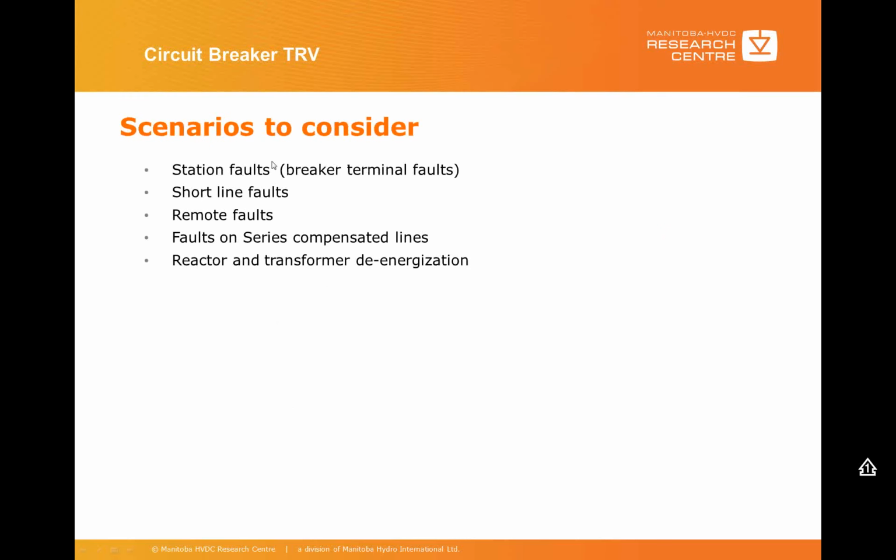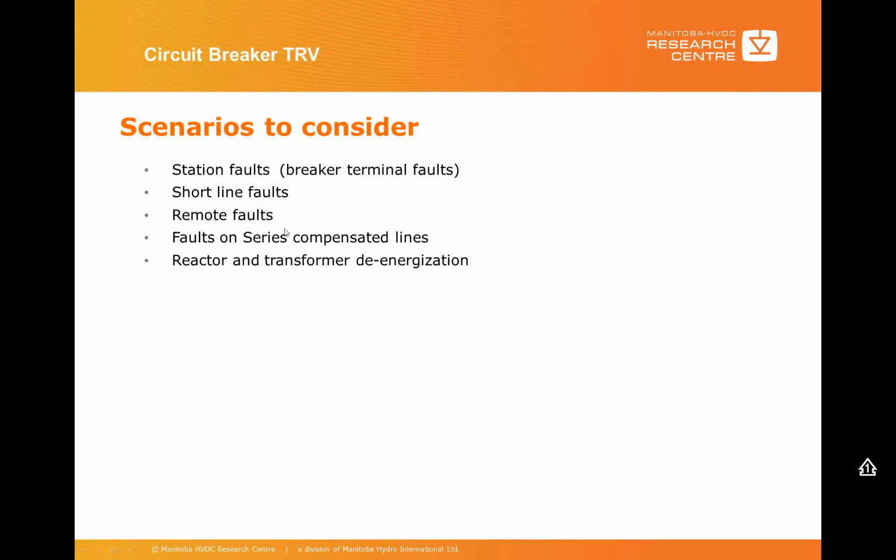There are a few common scenarios we consider during the simulation. First one is the station fault. In other words, we call it breaker terminal fault. It means we apply the fault at one terminal of the breaker and then open the breaker and measure the TRV. The other one is the short line fault. It means in our overhead transmission line or cable, we apply a fault roughly around 1 to 3 kilometers from the breaker, and then we try to open the breaker and see the TRV.